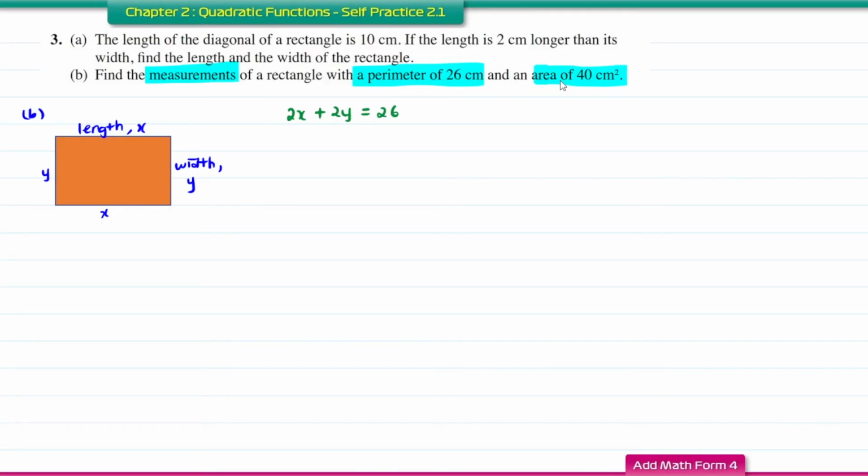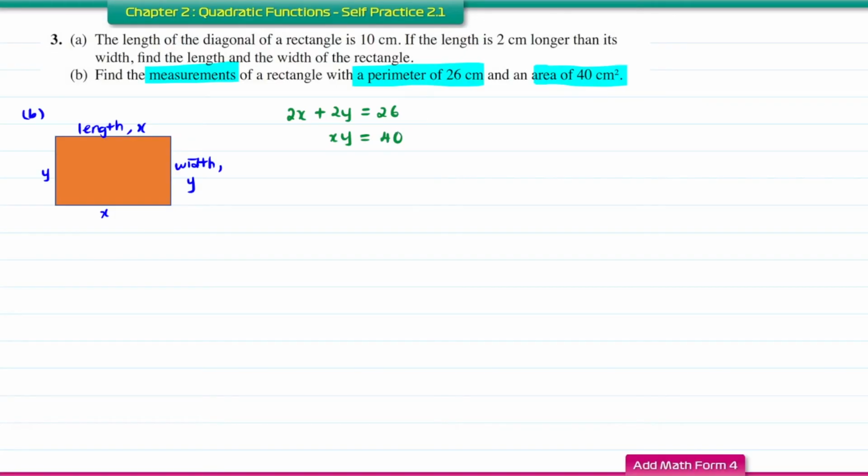And for the area of a rectangle, we're going to multiply the length with the width. Therefore, x times y will equal 40. Now we have two variables in the equations here. So we can solve this using either the elimination method or the substitution method in simultaneous linear equations.